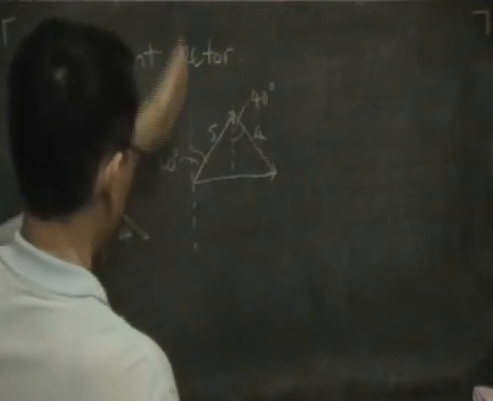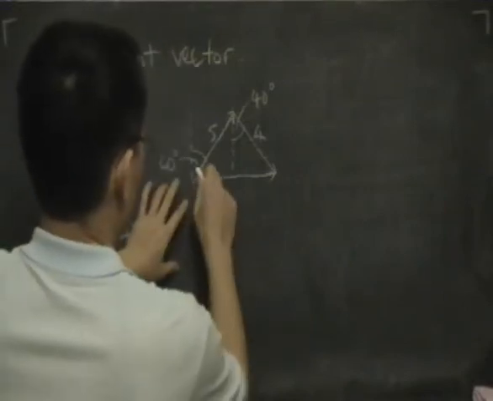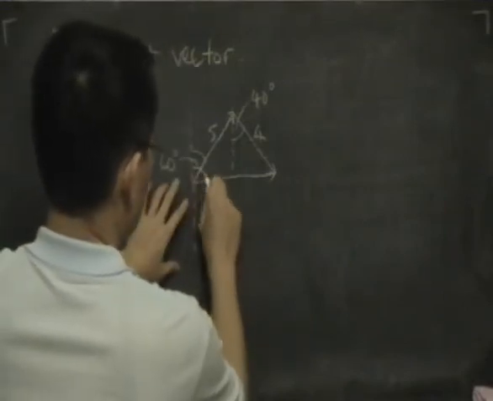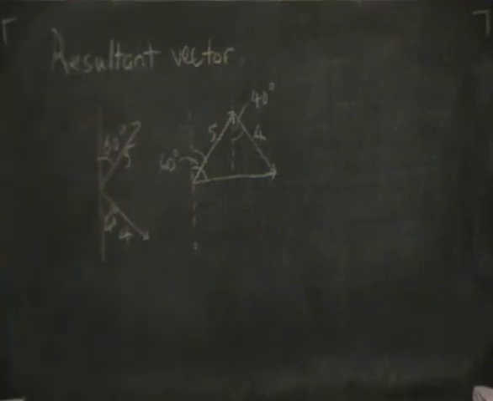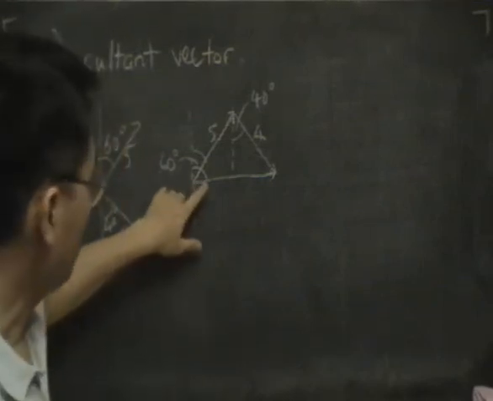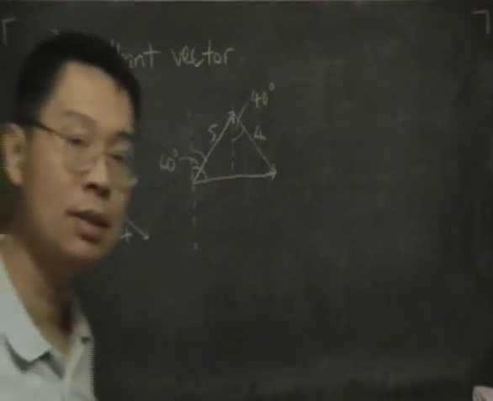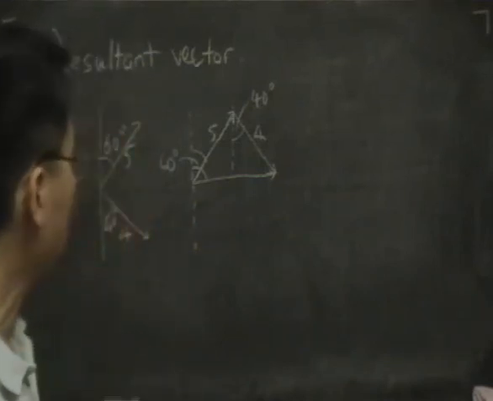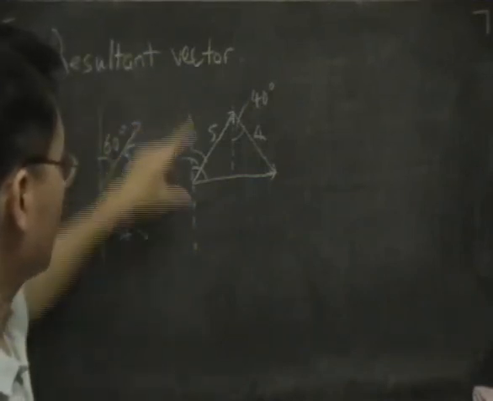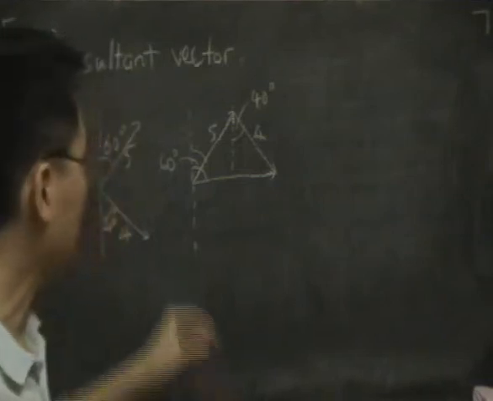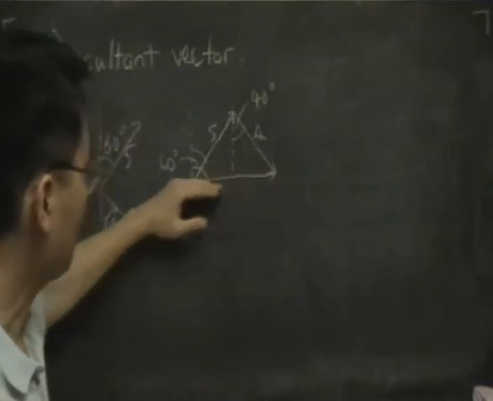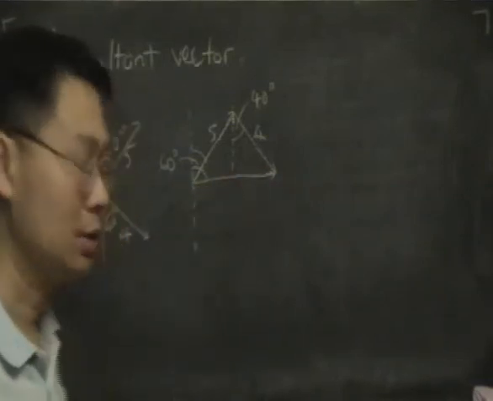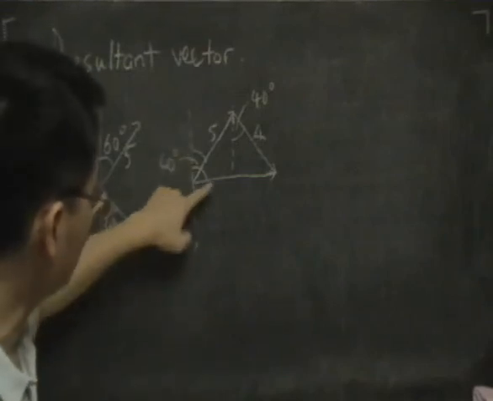So if I refer to the vertical direction, I can, for example, use this angle. If I can find that angle, then I can describe the direction. I can just say that this resultant vector is so many degrees, and I can take out my compass to measure that angle.